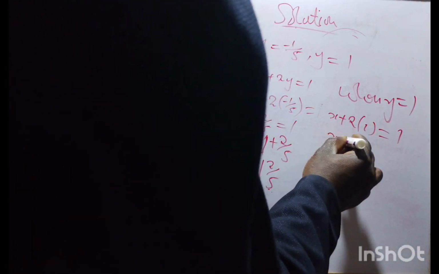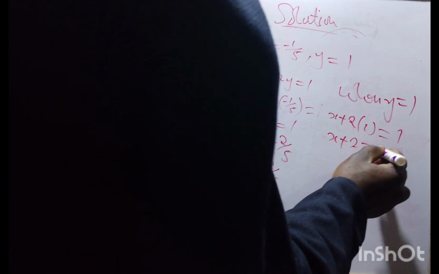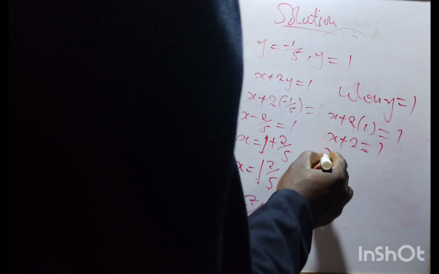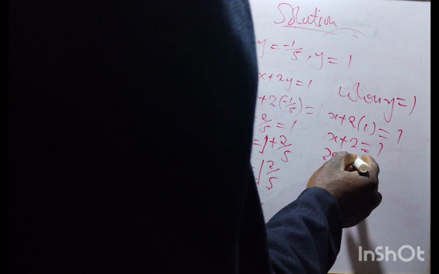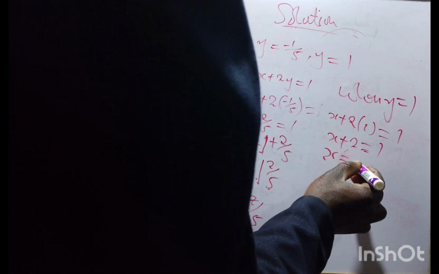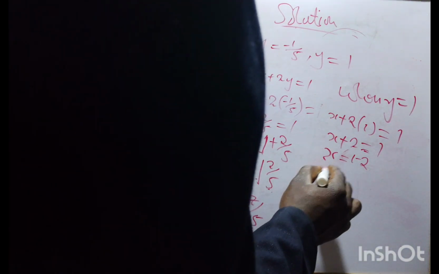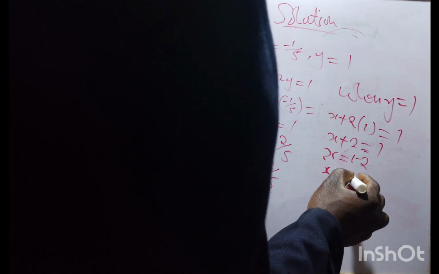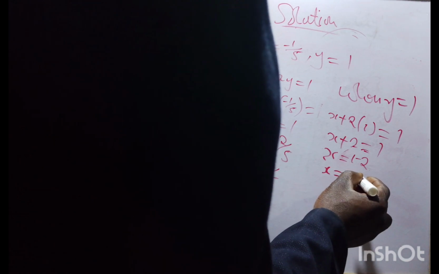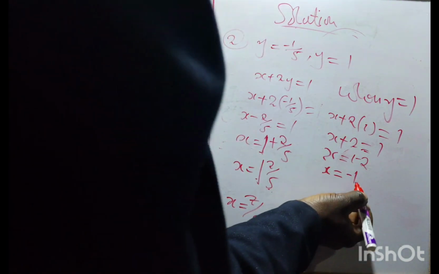Then x plus 2 times 1, which is 2, should be equal to 1. Then x plus 2, when 2 crosses the equals sign, it will be minus, in which x will be equal to 1 minus 2. Okay, so x will be equal to 1 minus 2, which is minus 1, because we are subtracting the bigger number from a smaller number.